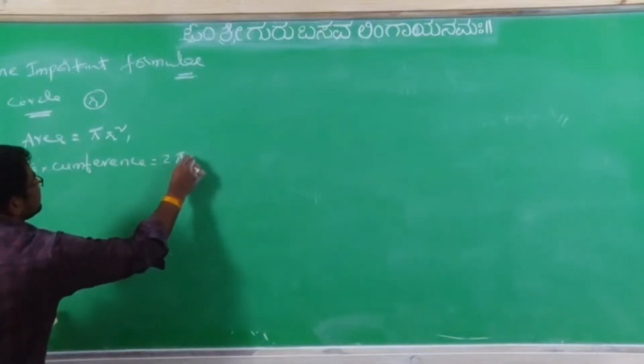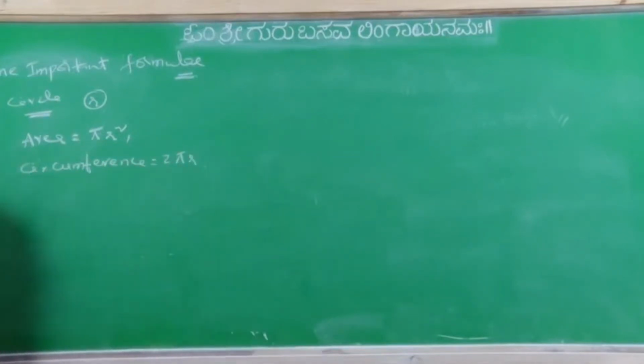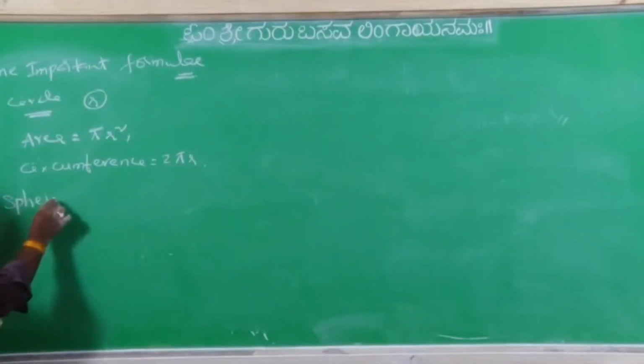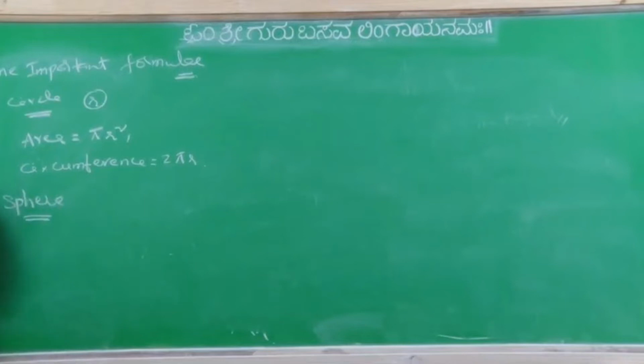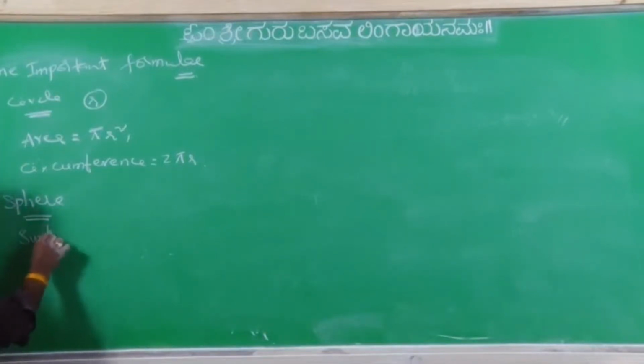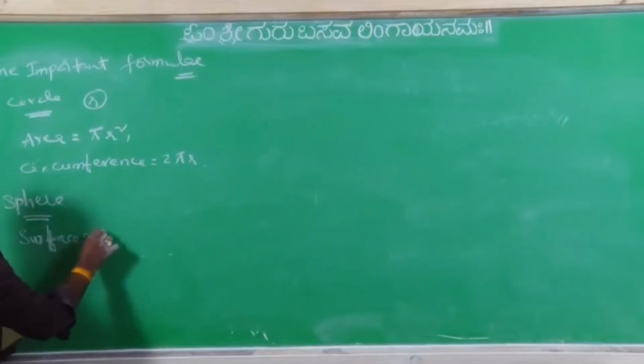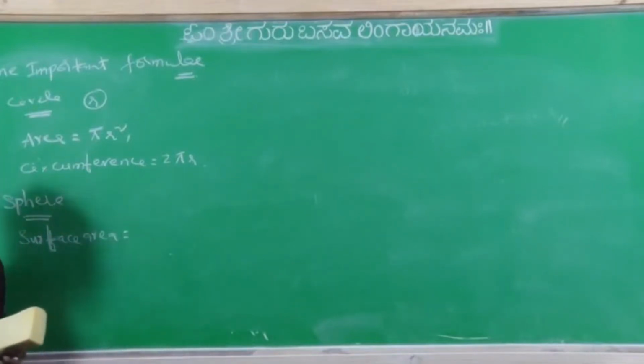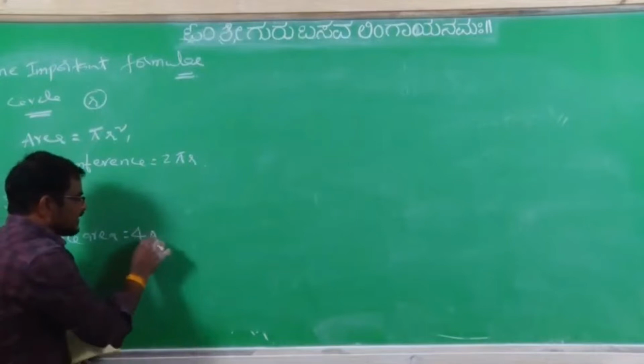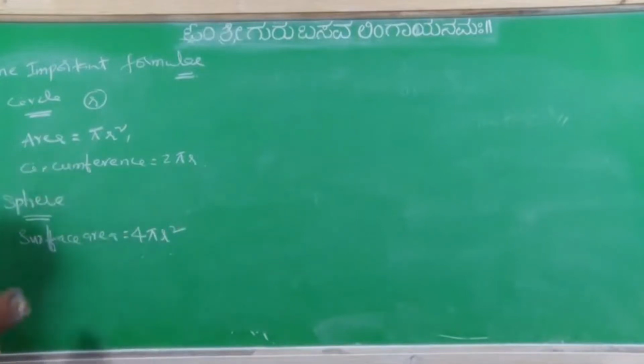Circumference, what? 2 pi r. Second one, sphere with radius r. Surface area. What is the surface area? 4 pi r square.